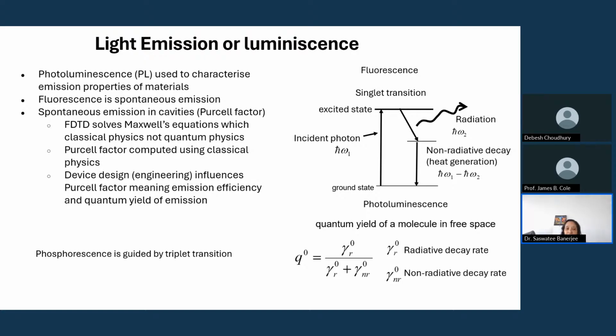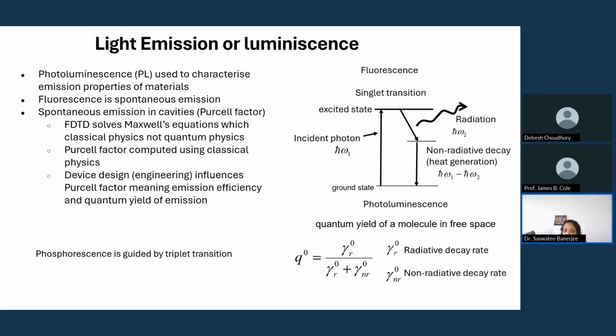We are not going into quantum physics here. Notice that we are doing classical physics, and we can use that to calculate the Purcell factor. How you do your device design influences the Purcell factor and ultimately the emission efficiency, or the quantum yield of emission.